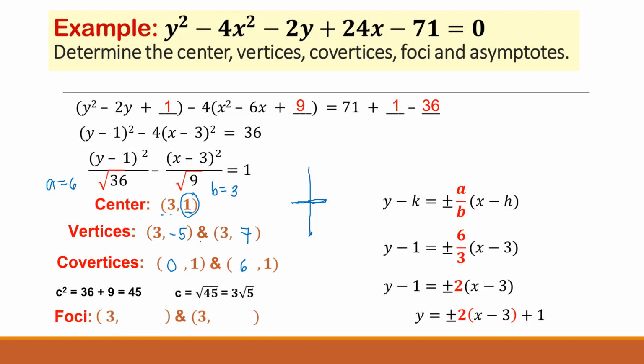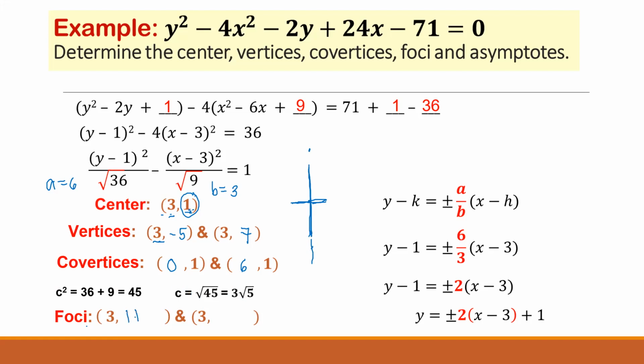So just like the vertices, fix yung ating 3 kasi nasa vertical transverse axis yung foci. Nasa labas nga lang siya. Pero pag in-extend natin yung transverse axis, nandun yung foci. So 3. Tapos, we add, subtract to 1, the square root of 45.